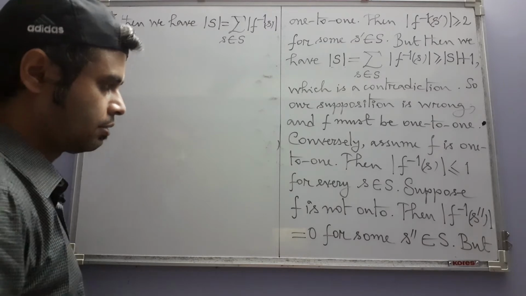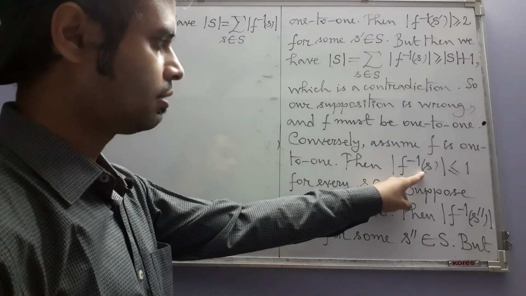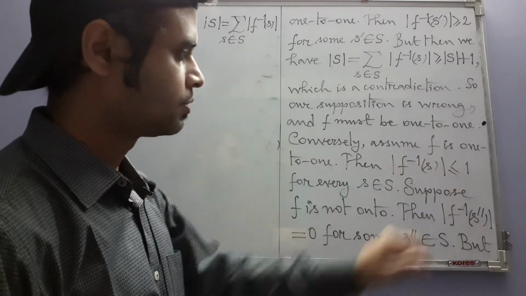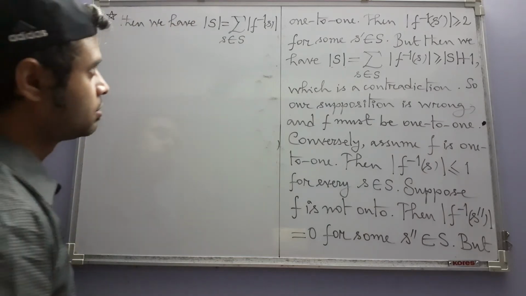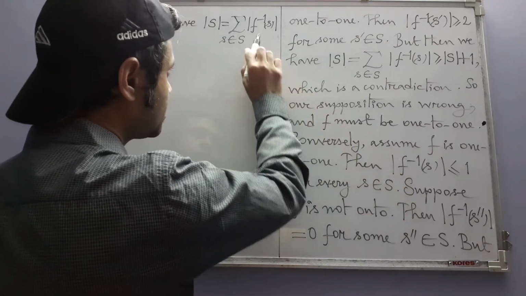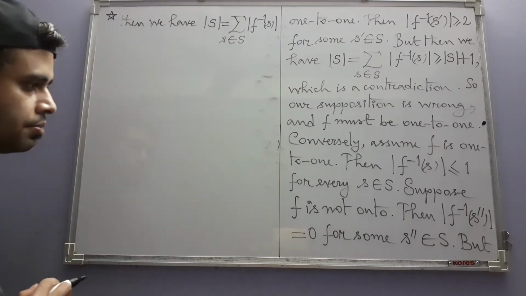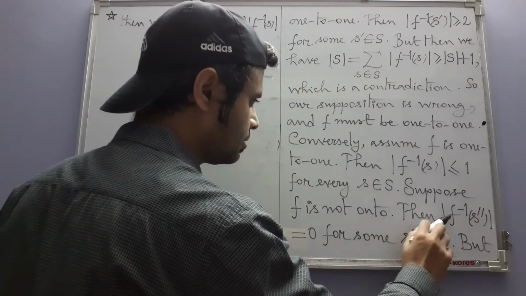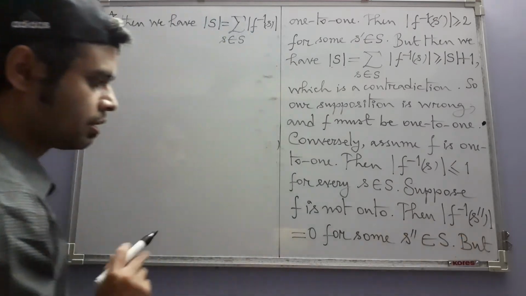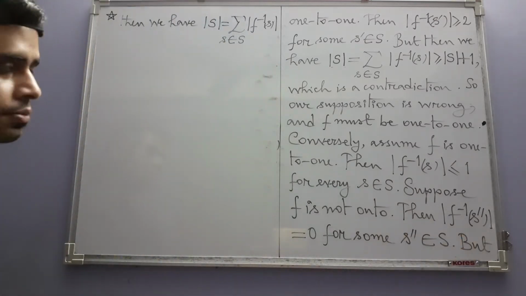Okay, so now our inequalities are like this. Each such number now is less than or equal to 1, and there is at least one number which is 0.